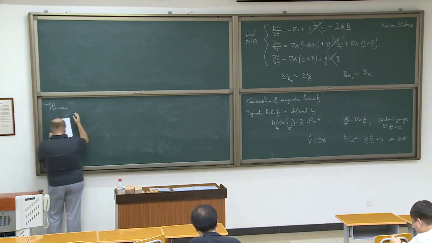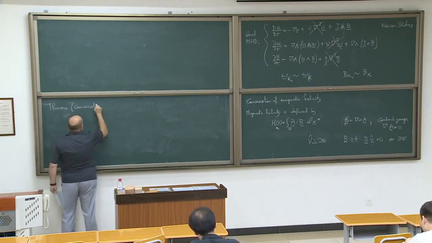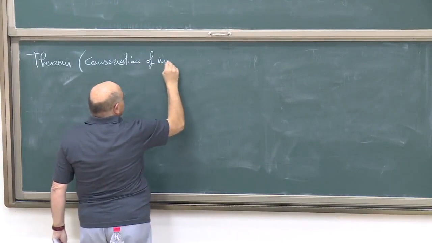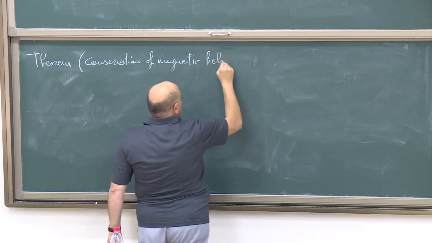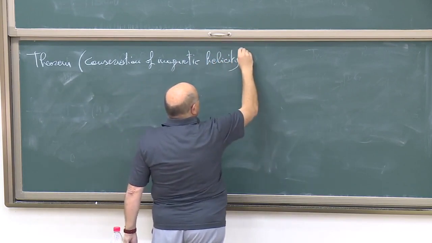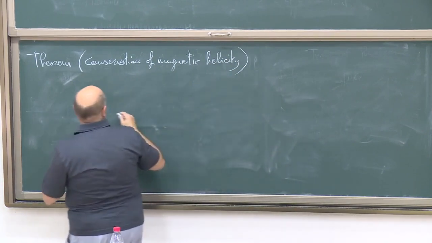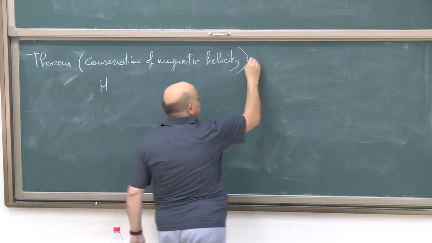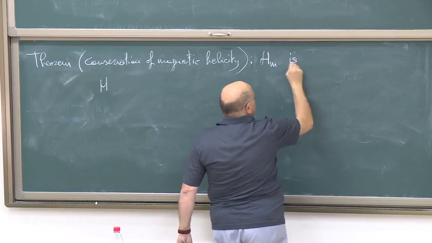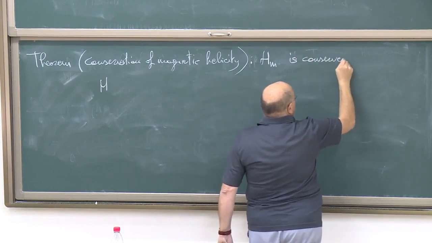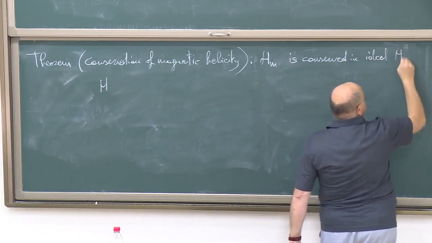So this is a result of conservation of magnetic helicity. In ideal MHD, this quantity H_M is conserved in ideal MHD.